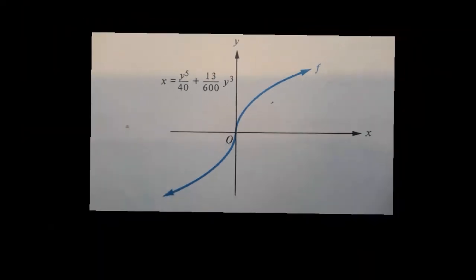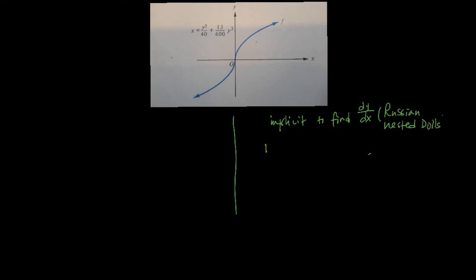There are no tricks on this function itself. So if we were to find dy dx implicitly, again, I don't have to separate or split y and x away from each other. I can find dy dx by using this Russian nested doll, aka our implicit method.